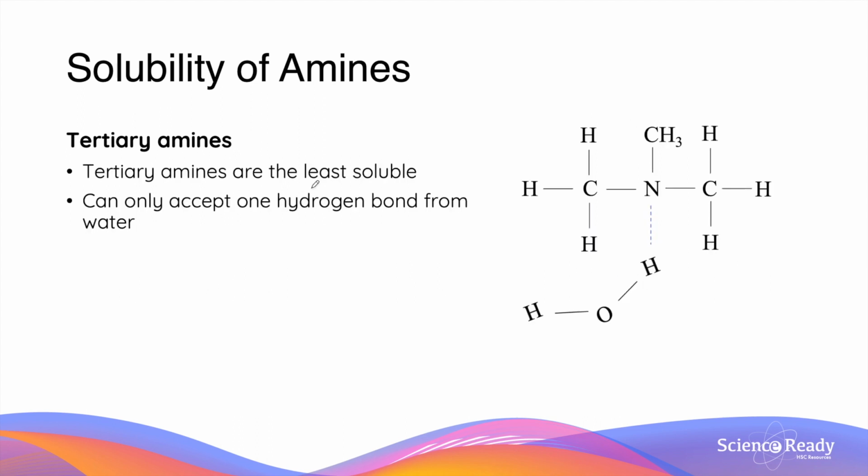Tertiary amines are the least soluble amongst the amines. They can accept 1 hydrogen bond from water due to the presence of the electron lone pair on the nitrogen atom. However, they cannot donate any hydrogen bonds, which is the reason why they are less soluble compared to primary and secondary amines.